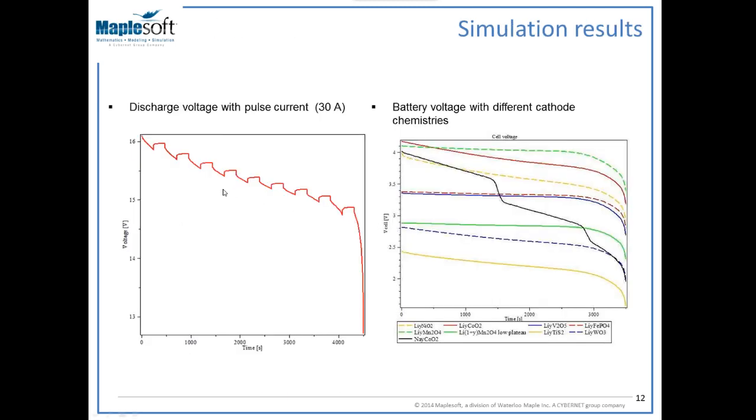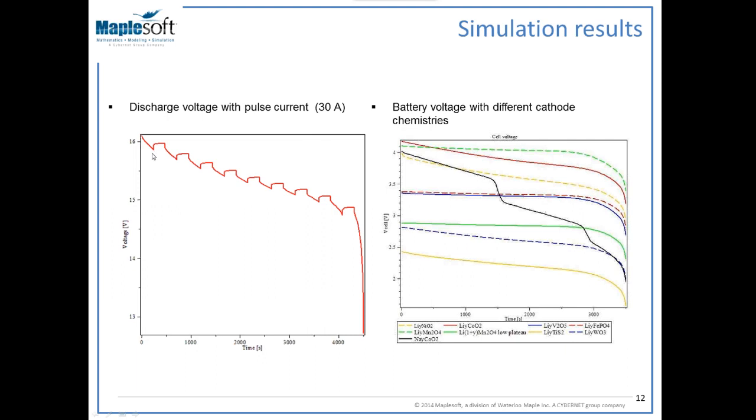So this is an example of simulation results for the battery component in MapleSim. The graphs that you see on the left hand side describe the voltage curve of a small battery pack consisting of 4 lithium-ion cells being discharged by a pulse current. So you can see when the current is turned on, the battery is depleted and the voltage is going down. And when we turn off the current, then the voltage will recover to the open circuit voltage.